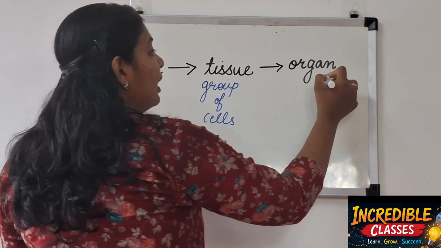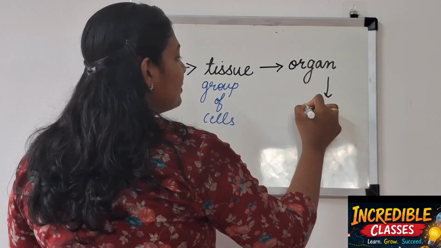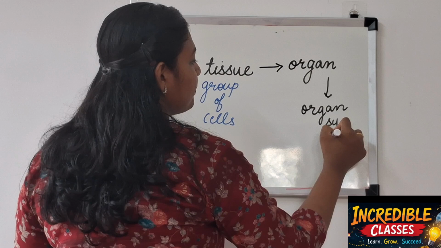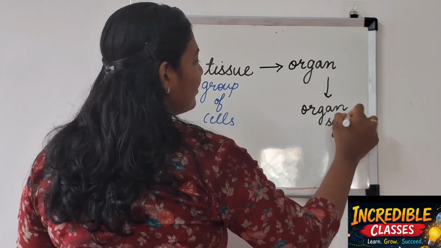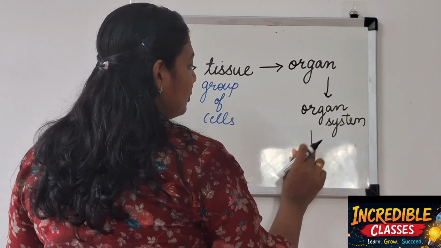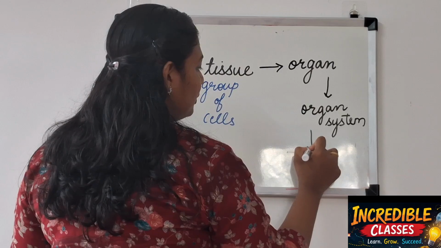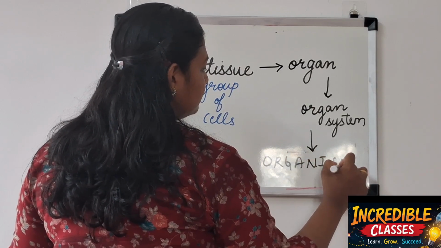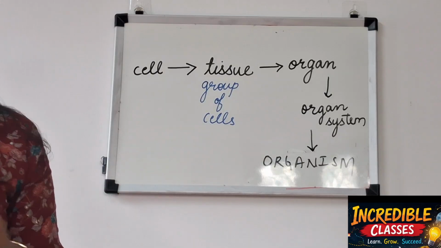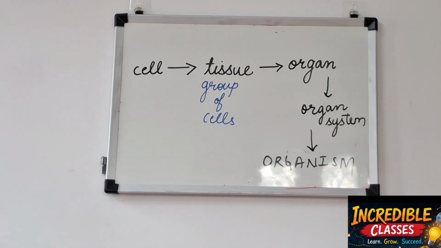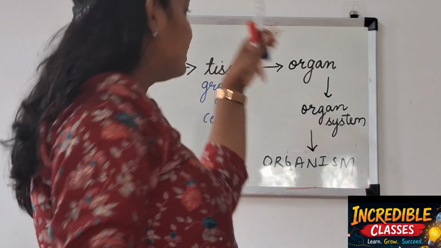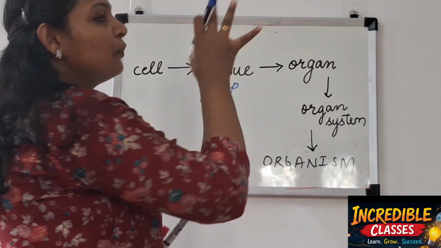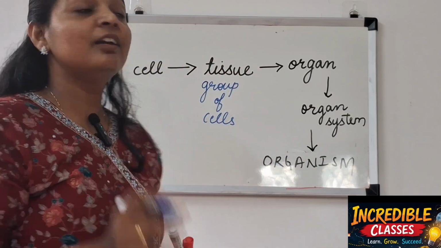From there, a full organ system is formed, and from there, we have a beautiful organism. Yes? These things are clear? What is an organ? It is a group of tissues having a particular function.